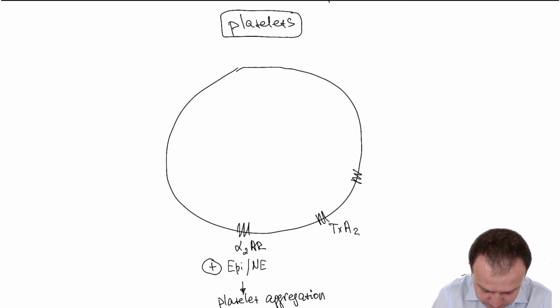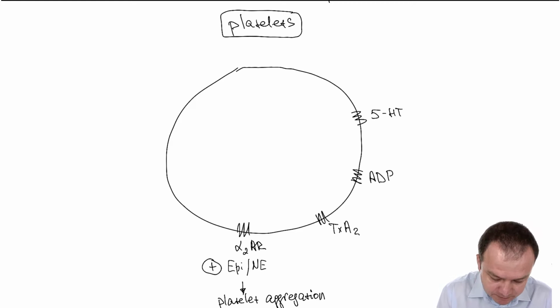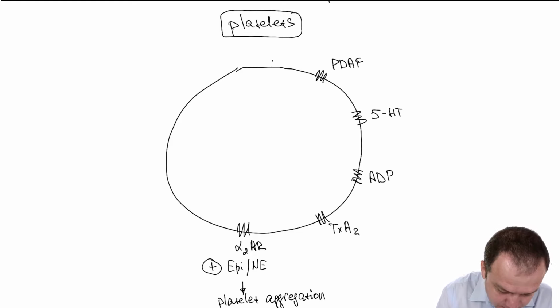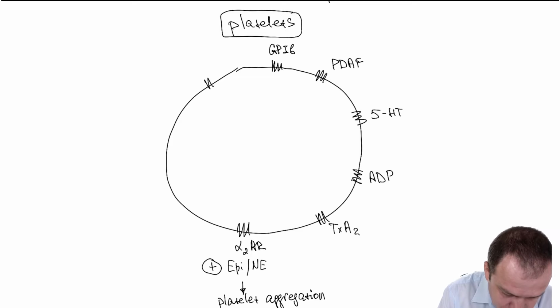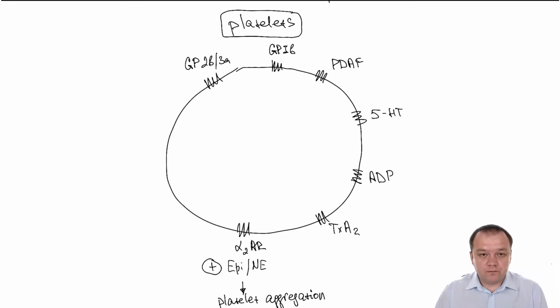But also, just to let you know, platelets have other types of receptors, like receptors to thromboxane A2. They have receptors to ADP, adenosine diphosphate. They have receptors to serotonin, 5-hydroxytryptamine receptors. They have receptors for platelet-derived aggregation factor, and also they have GP1B receptors for von Willebrand factor, and they have GP2B3A receptors for fibrinogen.